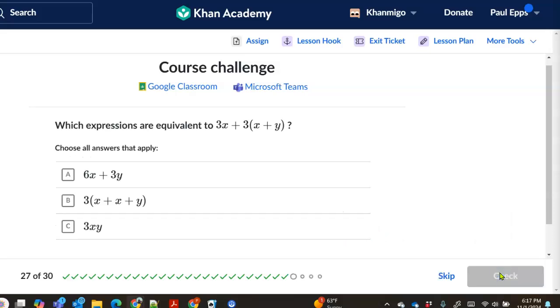Which expressions are equivalent to 3x plus 3x plus y? Well, let me write it down here. It's going to be 3x plus 3x plus 3y.